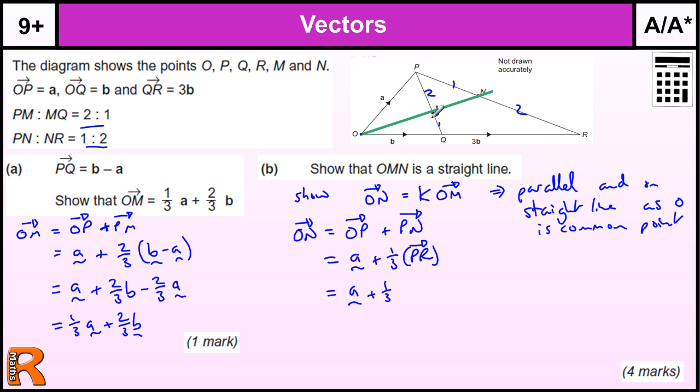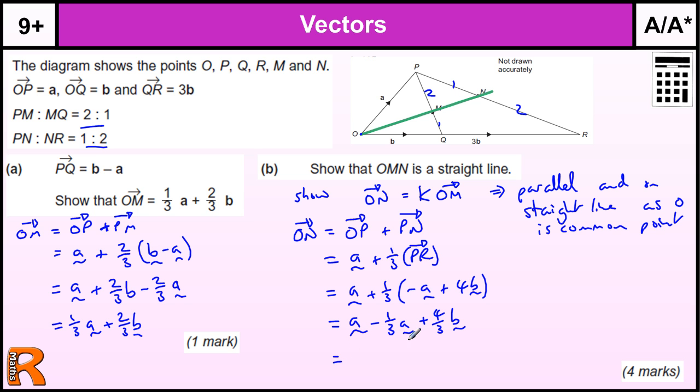We've got B and 3B, so we've got minus A plus 4B. So A plus 1/3 of minus A, which is minus 1/3 A, plus 1/3 of 4B, which is plus 4/3 B. 1/3 of 4 is 4/3.